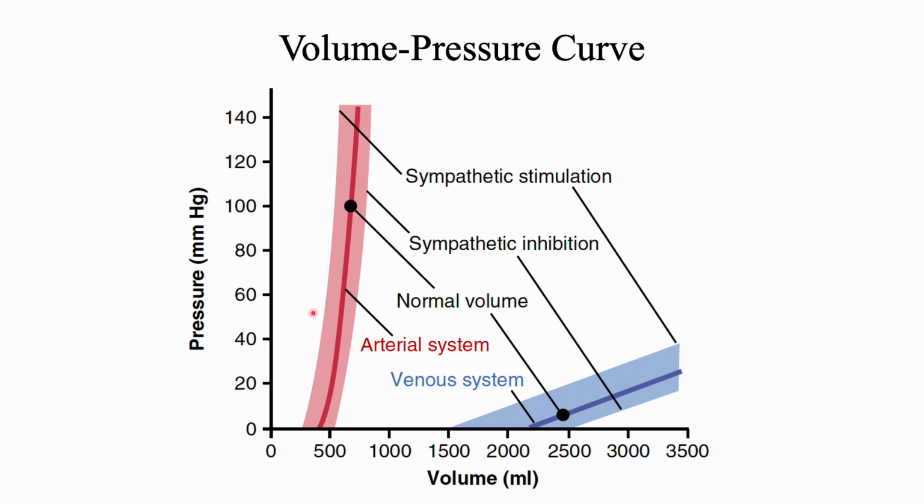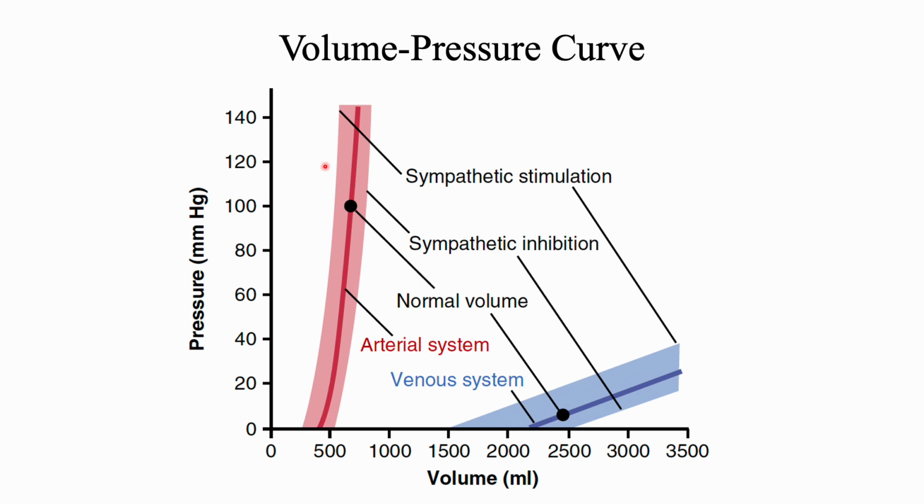We can see also here the effect of the sympathetic stimulation or the sympathetic inhibition, both in arteries and in veins. And you know, by sympathetic stimulation, we are stimulating the vascular smooth muscle cells. In the arteries, we're talking mainly about the arterioles. So when you stimulate them, they will constrict, and so less blood volume will occur at each blood pressure.